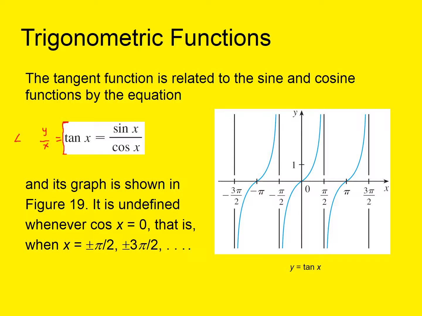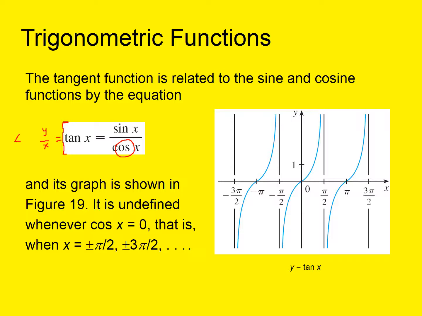The graph of tan is shown in the figure. It's undefined whenever cos equals 0. If you have an x value that makes cos x 0, now you're dividing by 0, which is not allowed for real numbers.